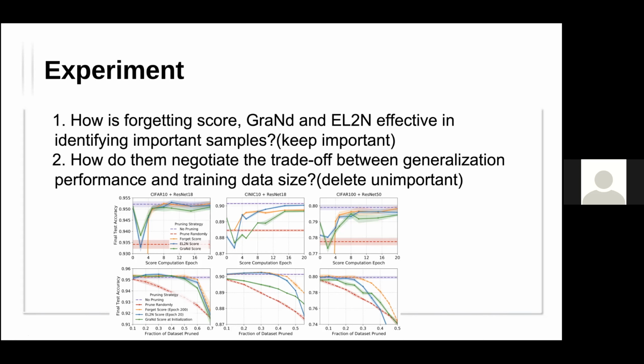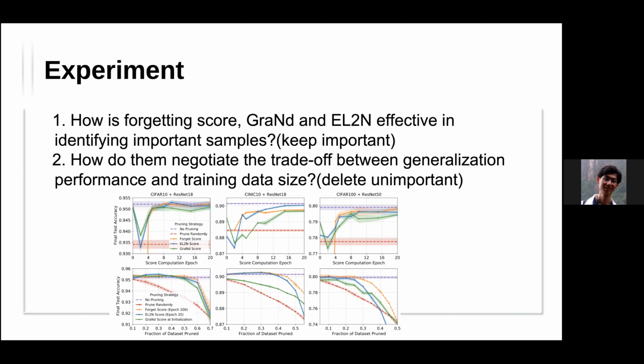Because it has a pre-train of 20 epochs, but the grad norm score, we only calculate at the initialization. So the EL2N score still needs to pre-train 20 epochs. So what is the model for calculating EL2N?